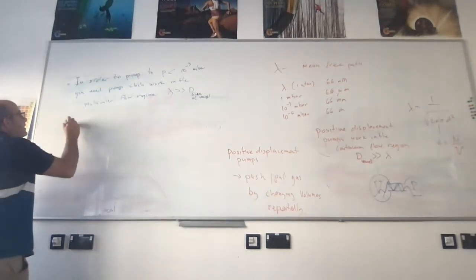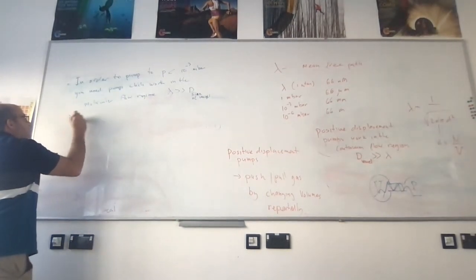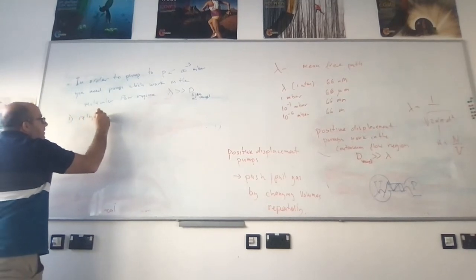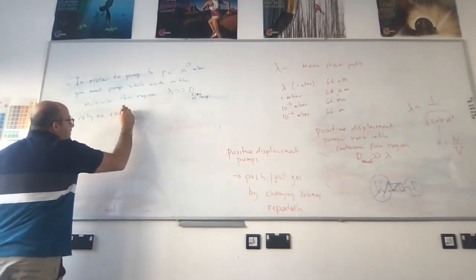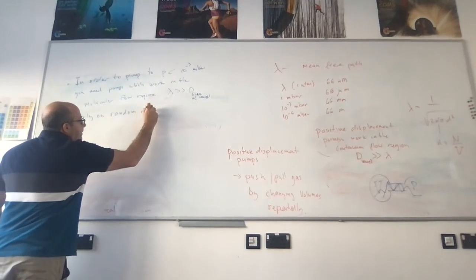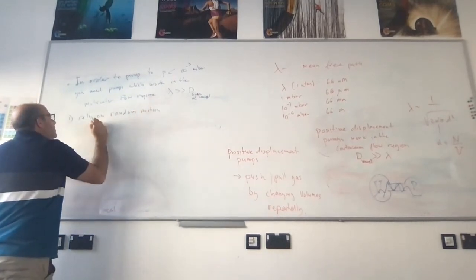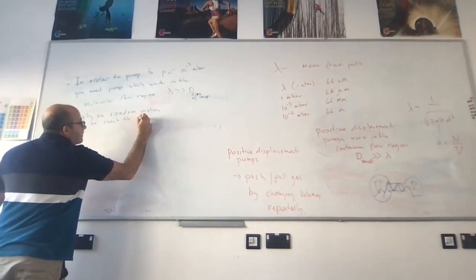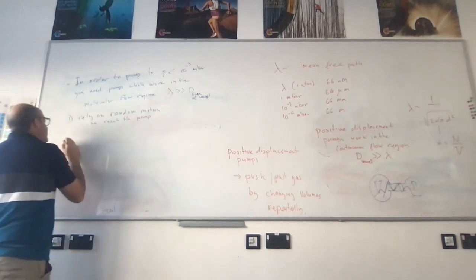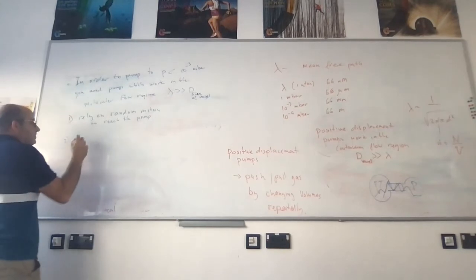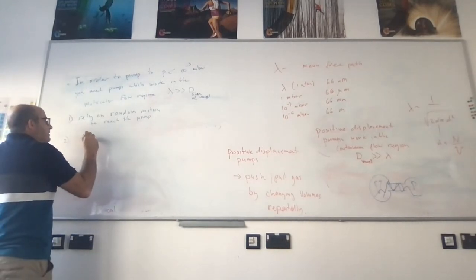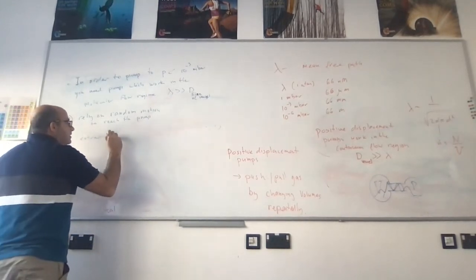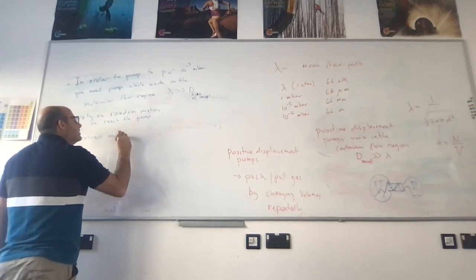And in order to do that, you basically need to rely on random motion to reach the pump. And then basically your second stage is you need to somehow extract the molecules or the atoms from the pump.